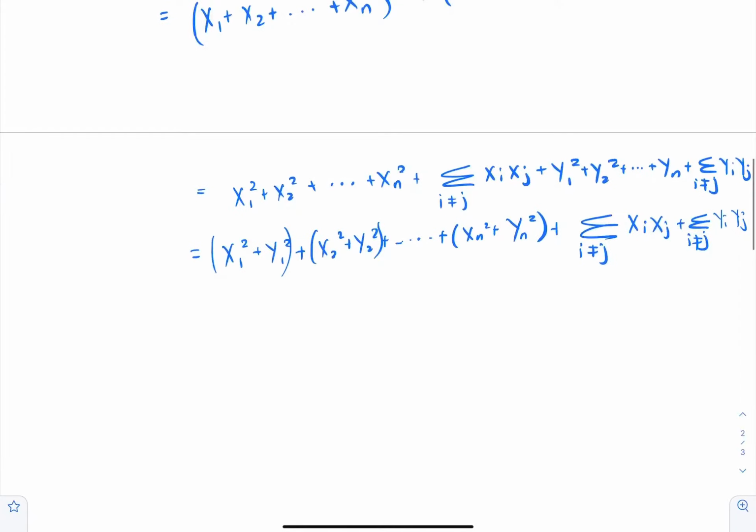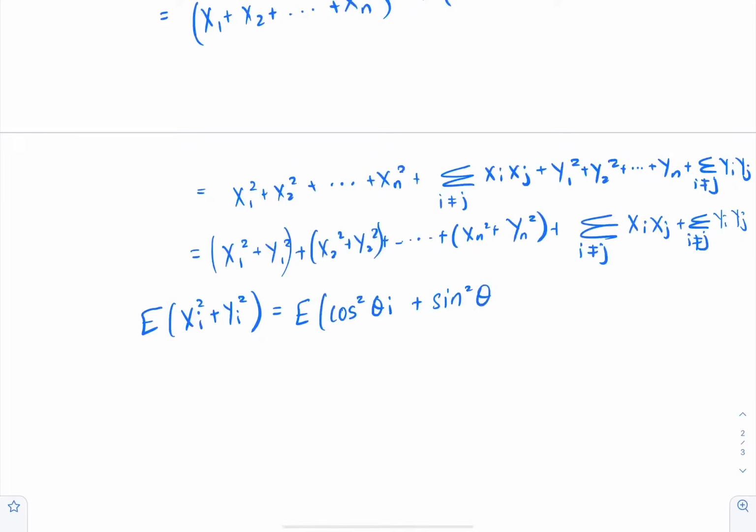So now take a look. What will the expected value of xi squared plus yi squared be? Well, we know xi squared is cosine squared theta i, and yi squared is sine squared theta i.